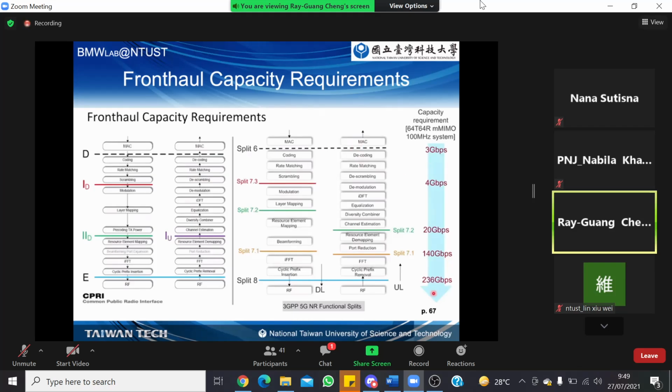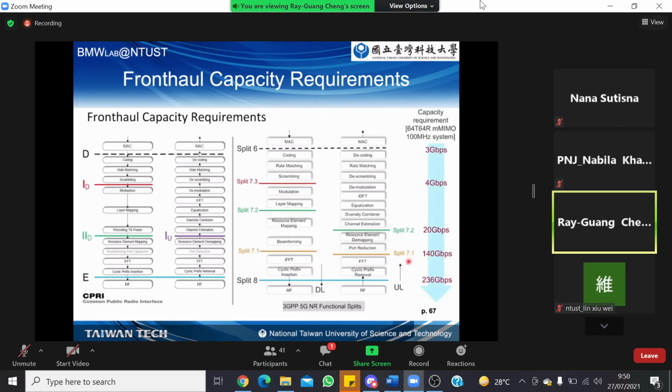So all these requirements are related to lower layer split. The fronthaul requirement will increase from 3 giga to 4 giga if you use 7.3. You will find different definitions for split 7.2. If you use split 7.2, you require 20 giga.